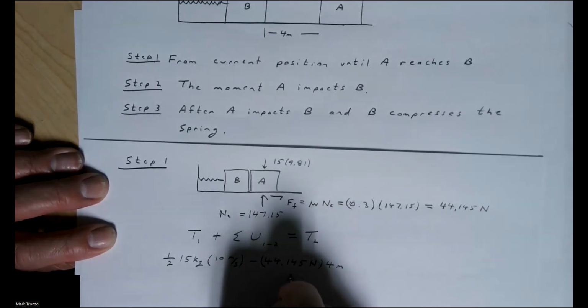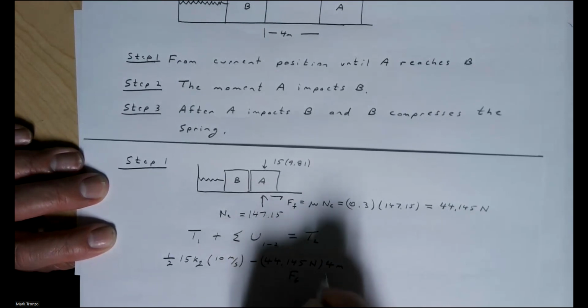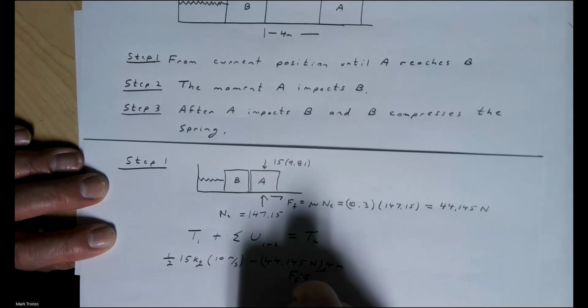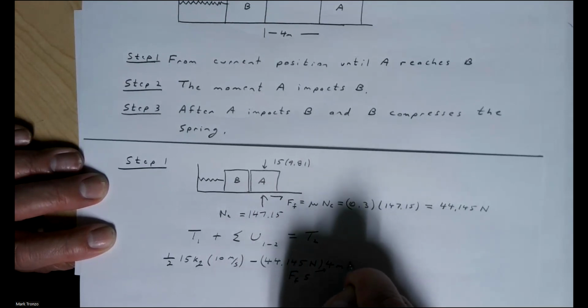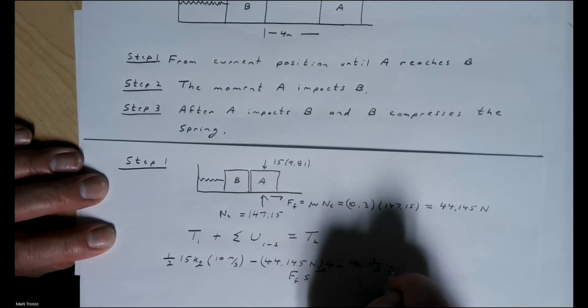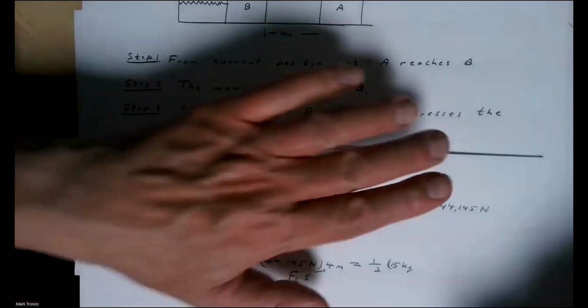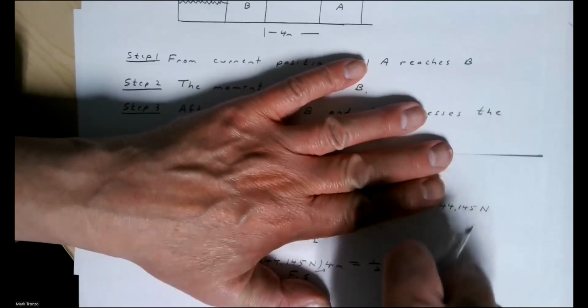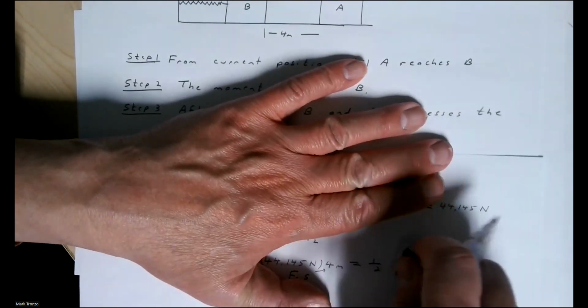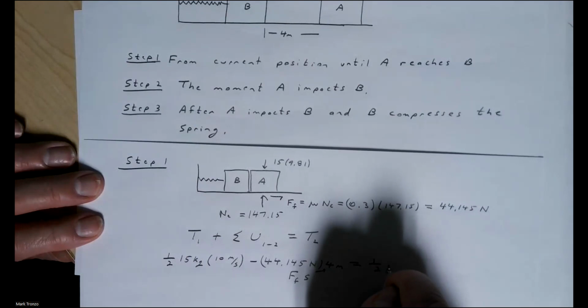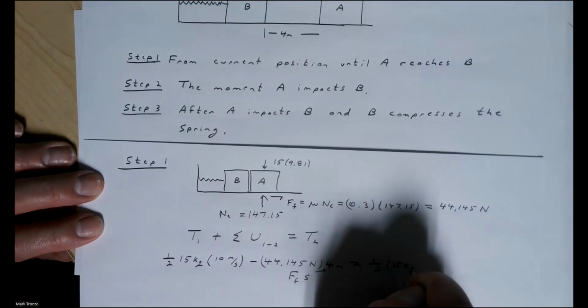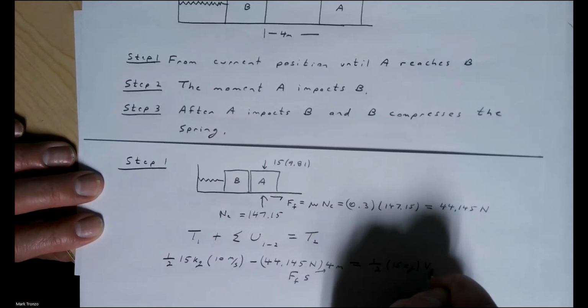So again, this is going to be the friction times the distance, if you want to call it S. And then this is going to be equal to 1/2, again, the mass times the velocity squared.